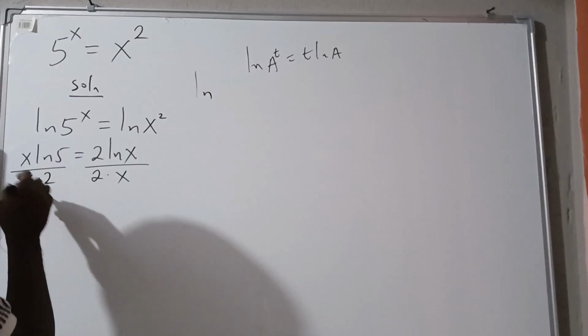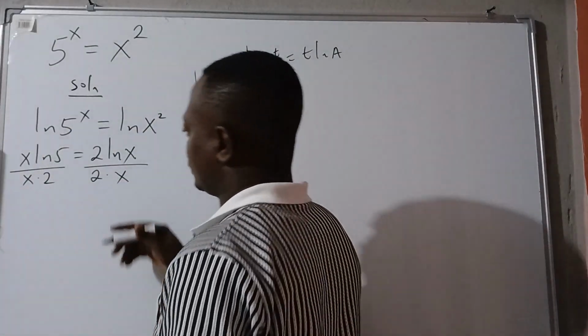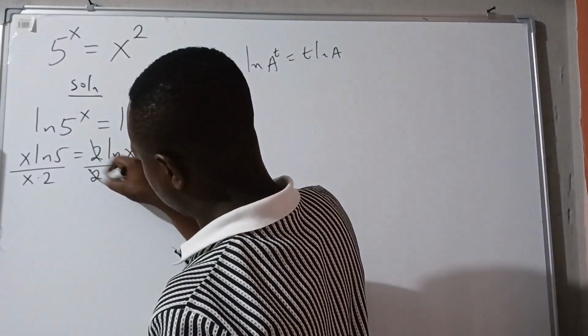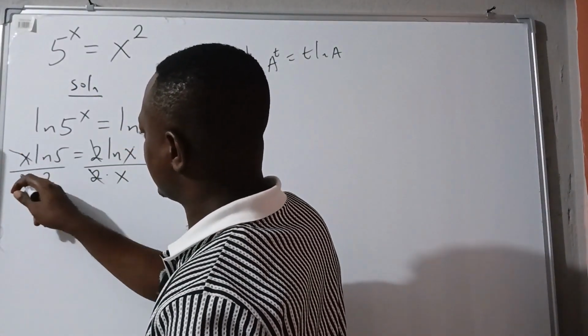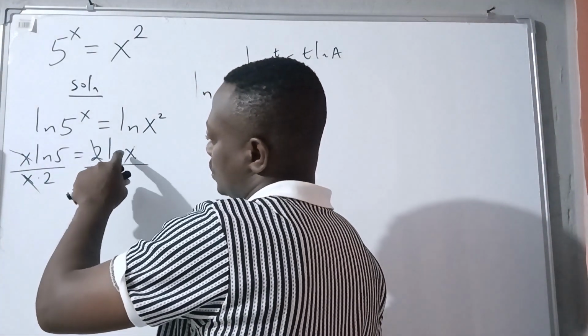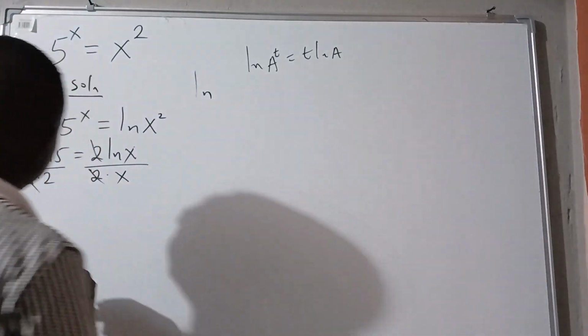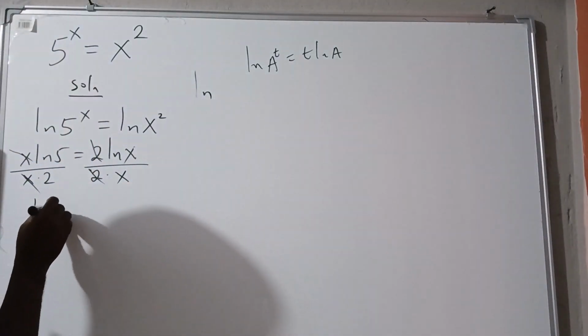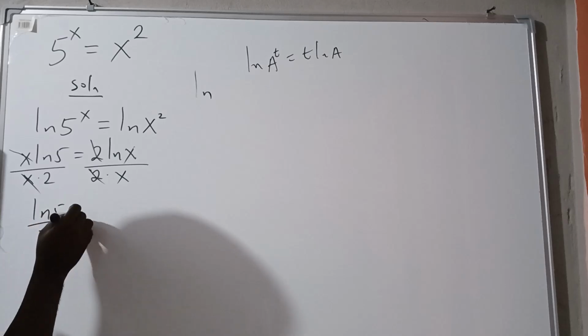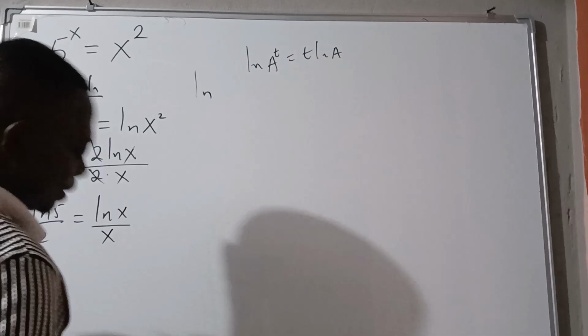The idea is to get rid of this 2 here and also the x here. So I have ln of 5 on 2 equals ln of x on x.